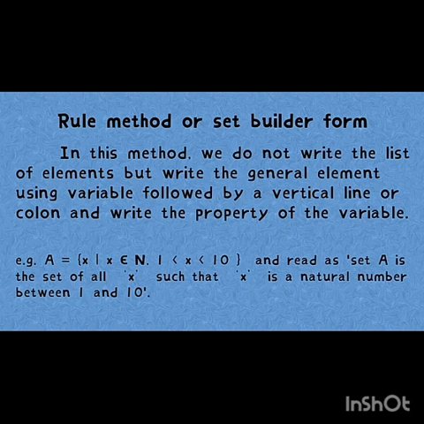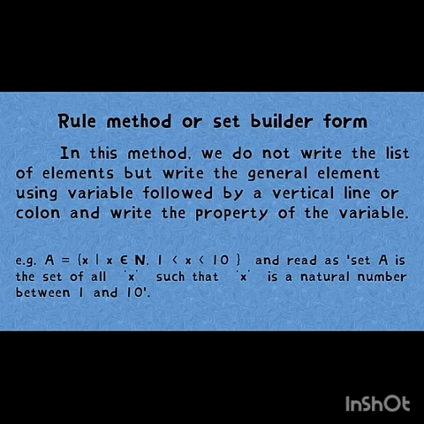Now the second method, rule method or set builder form. In this method we do not write the list of elements, but write the general element using a variable followed by a vertical line or a colon and write the property of the variable.